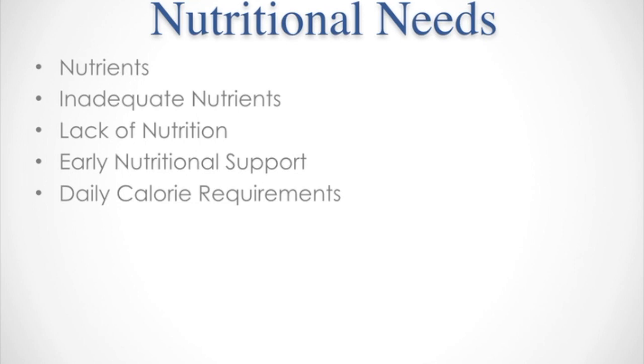Nutrients are needed for cell growth, cellular function, carbohydrate, fat, protein synthesis, muscle contraction, wound healing, for our immune system to work properly. And inadequate nutrient intake can result from surgery, trauma, having a malignancy, or other catabolic illnesses.